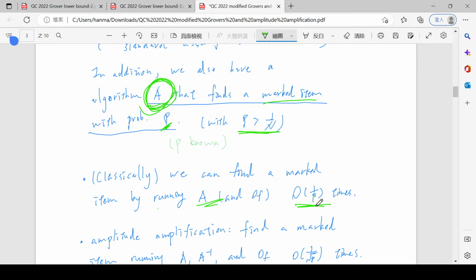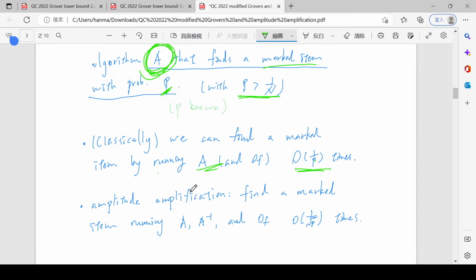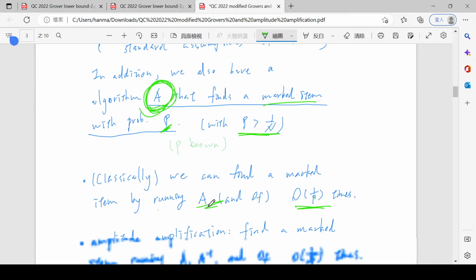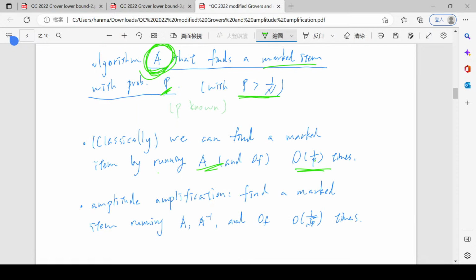Okay? But quantumly, you can actually run a Grover around A, and you only need to query the quantum version of A order 1 over square root of p times to find the marked item. Okay? So yeah, that's a generalization of Grover.